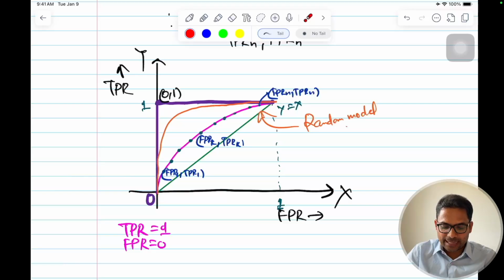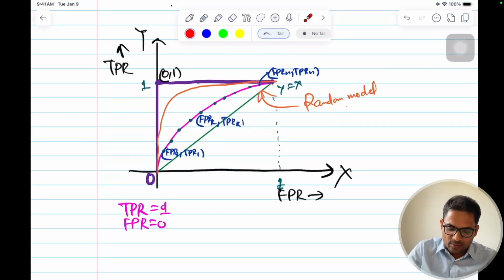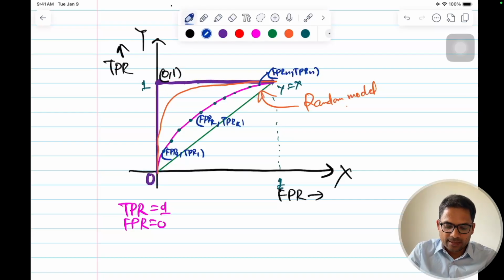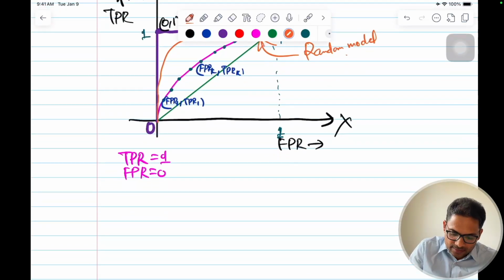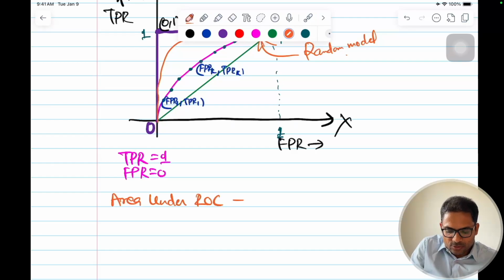The receiver operating characteristic curve is clear. And this area, ideally, this curve is your ROC, called receiver operating characteristics. And the area under ROC is also called area under curve, AUC, or AU-ROC.